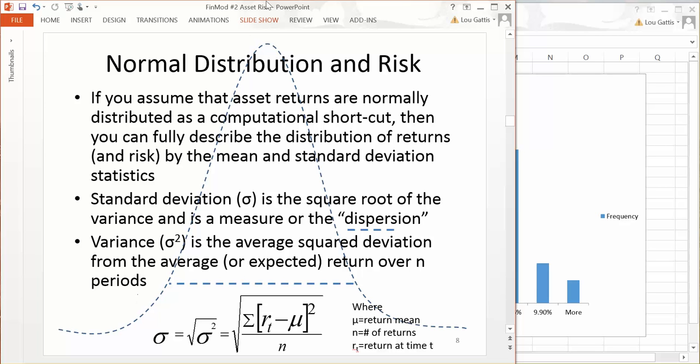So if you assume asset returns are normally distributed, which is a little risky because asset returns are not a physical phenomenon, right? You rarely see over a 7-foot man or under a 4 or 5-foot man, but you do every once in a while see a minus 100% return in a stock, or a 300% return in a stock.